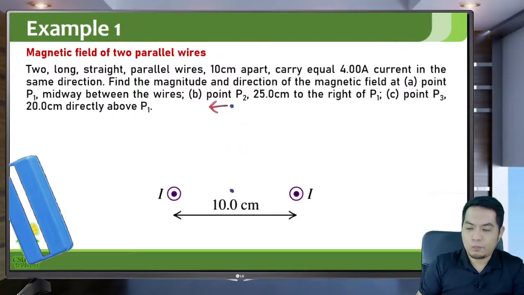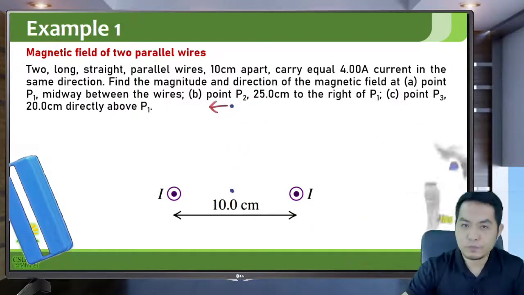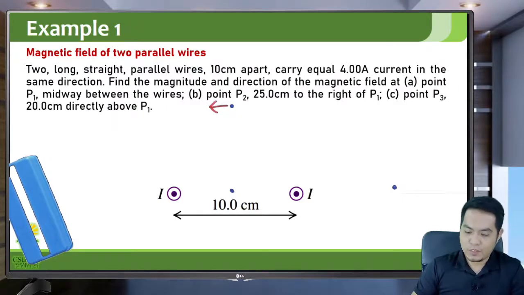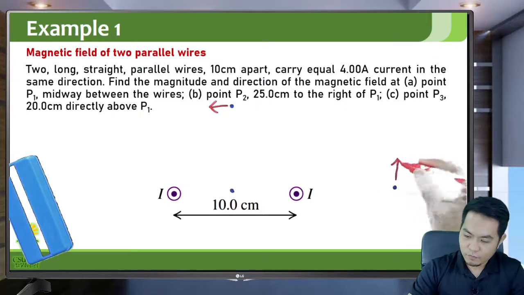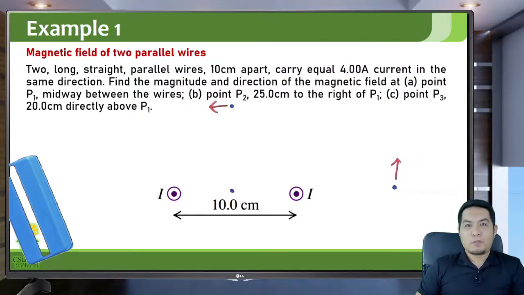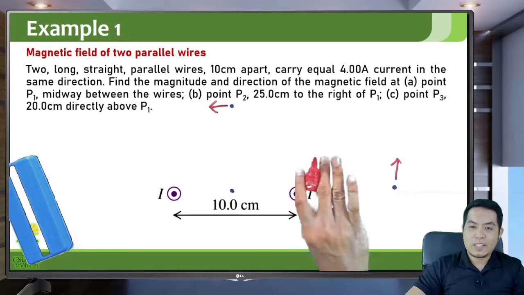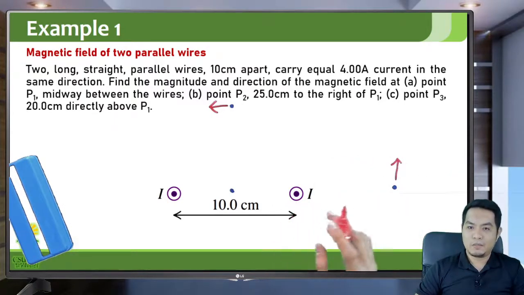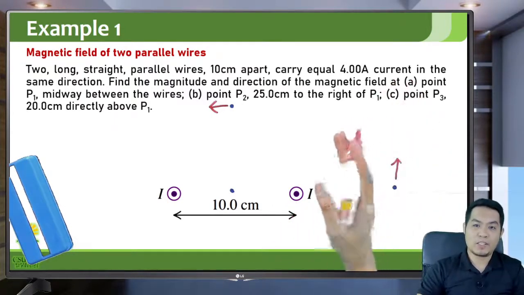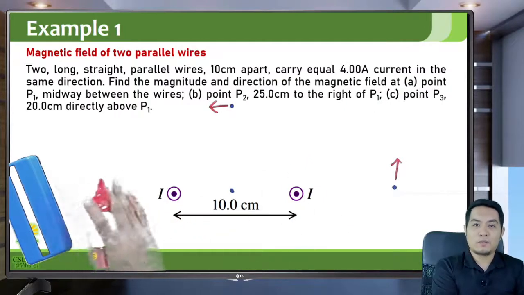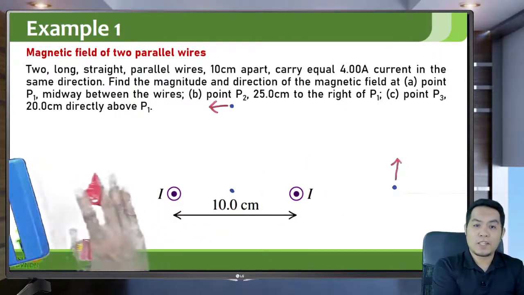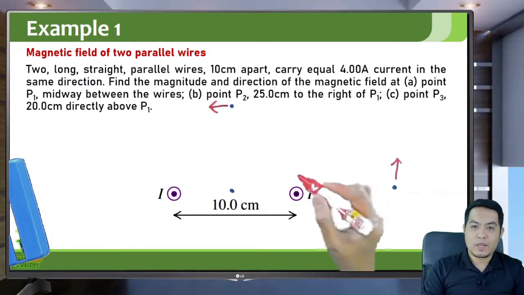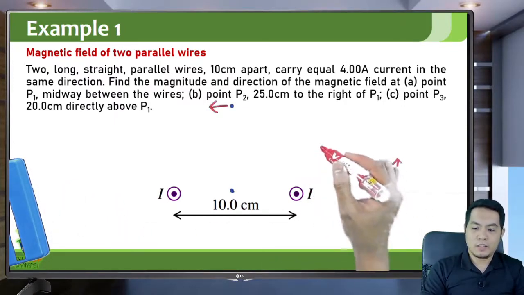And at point P2, somewhere around here, the magnetic field is actually upward. So what can you predict of the pattern? Actually, on this side, to the left of wire D, the magnetic field is upwards. To the right of wire C, the magnetic field will be downwards.